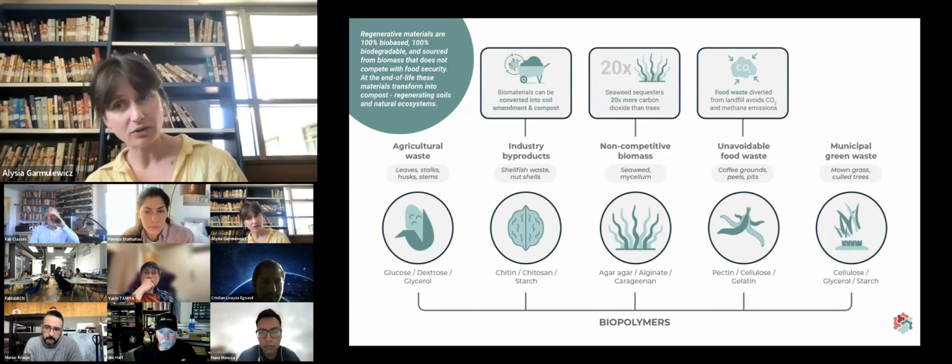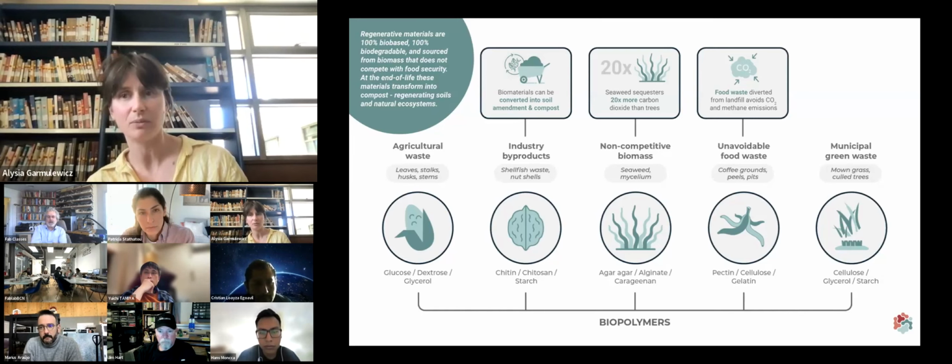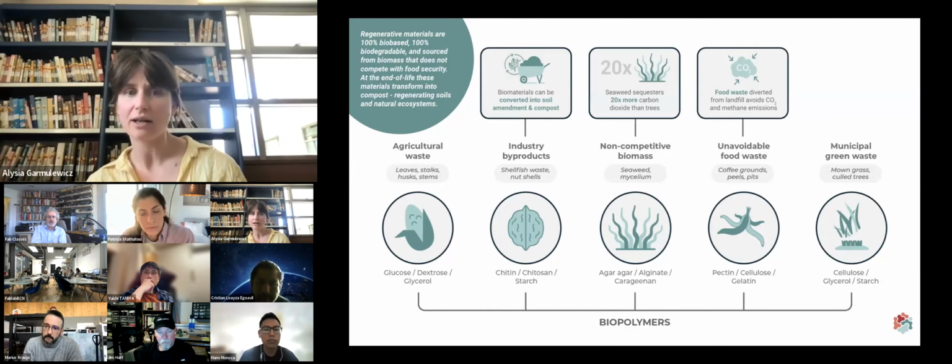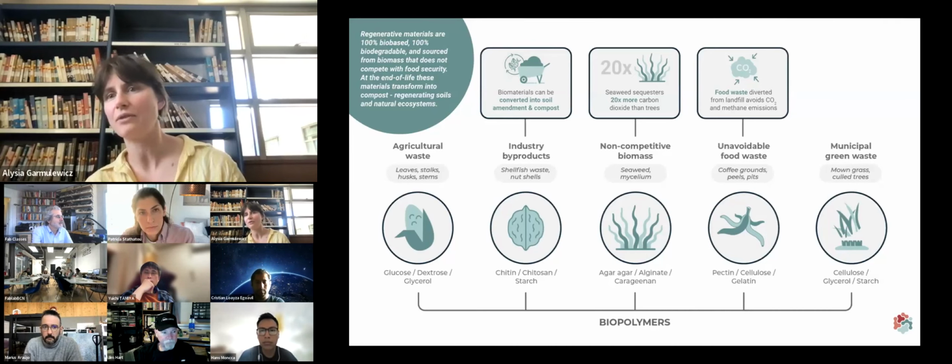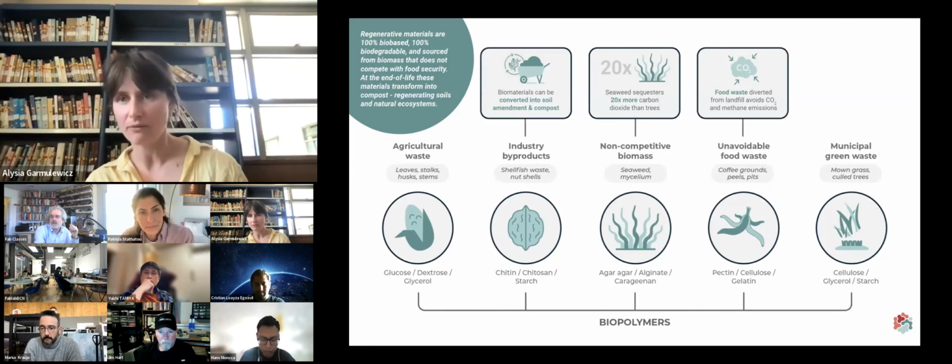By contrast, there's a huge amount of untapped biomass when it comes to the utility for the materials sector in agricultural waste. So leaves, stalks, husks, stems, industrial byproducts. This also includes, for instance, the production of foodstuff. So if you have a tomato paste factory, a huge amount of tomato skins are just wasted in the process. And those are the kind of point source where you can actually get a lot of pectin, for instance, which is a very valuable biopolymer for making films and coatings.